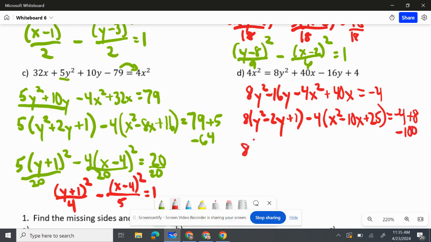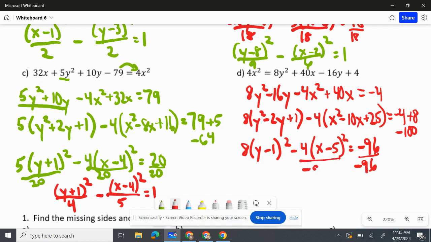So when I factor it, I have y minus 1 squared. I have the x minus 5 squared. And that right there gives me negative 96. So I'm going to divide it by negative 96. And whenever I divide by a negative, the signs switch.